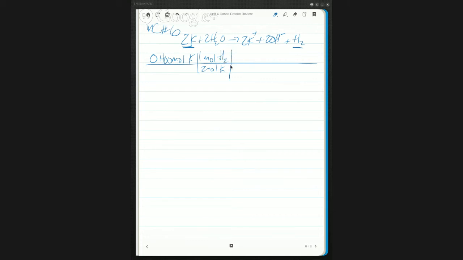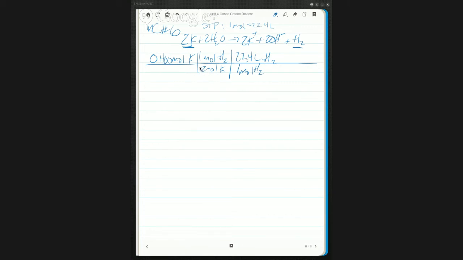And according to the problem, it's standard temperature and pressure. And if we know that STP, 1 mole equals 22.4 liters. So every time you see standard temperature and pressure, be thinking, could I use standard temperature and pressure here? So 1 mole of H2 is 22.4 liters of H2. So you could do it like this, I suppose.